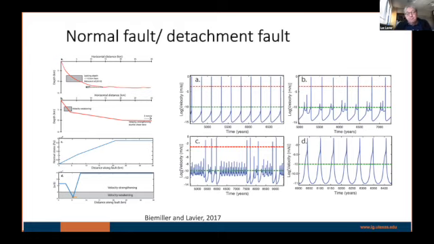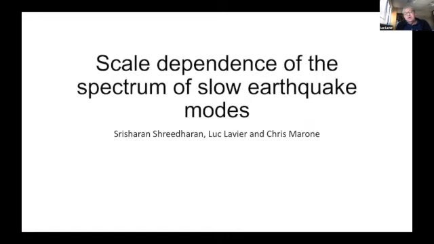So the next step is, can we use that model, which is able to take into account some thickness H of the shear zone and all the other properties of the rate and state models, to actually simulate a real fault gouge, or fault zone, of finite thickness.